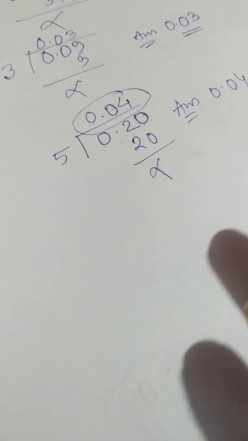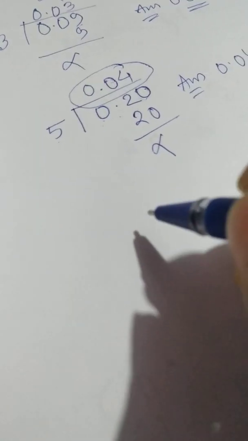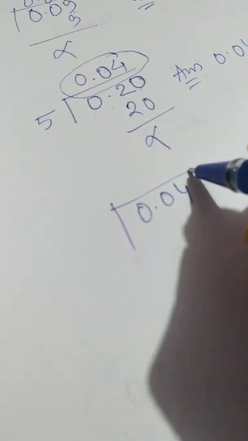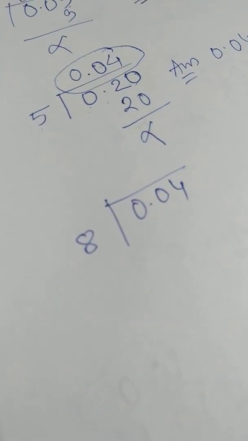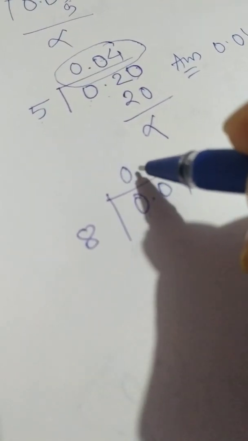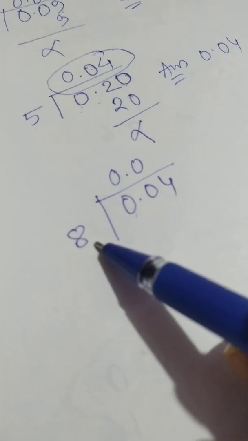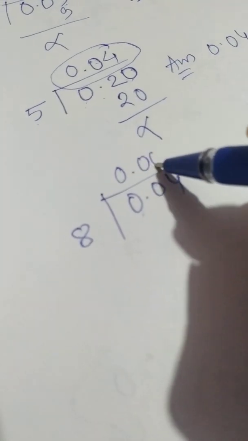Okay, let's show you one more, then you would be clear about it. So 0.04 divided by 8, for example. We place the 0.0 as it is. Now 4 is smaller than 8, so we place another 0.